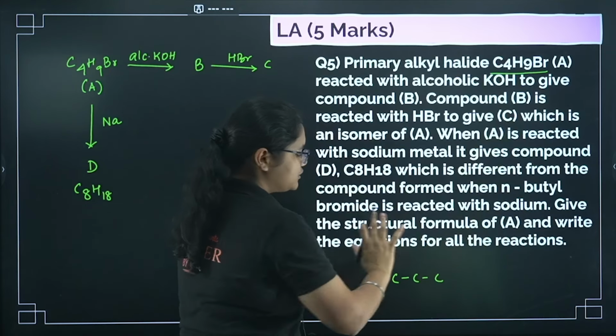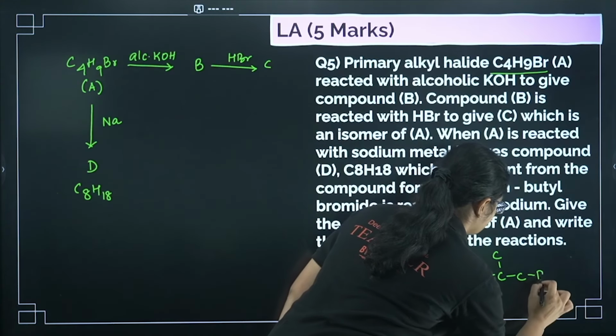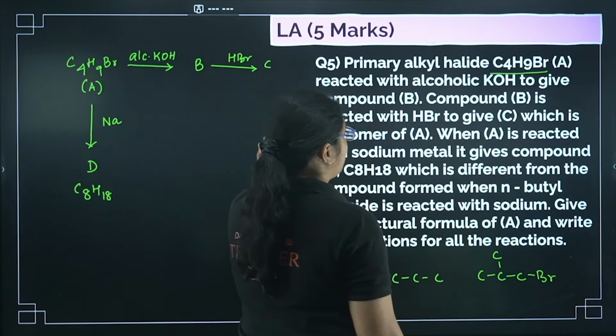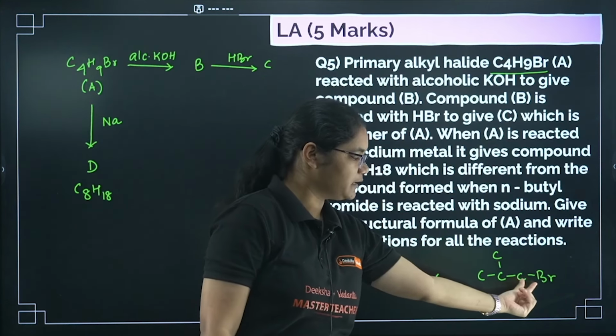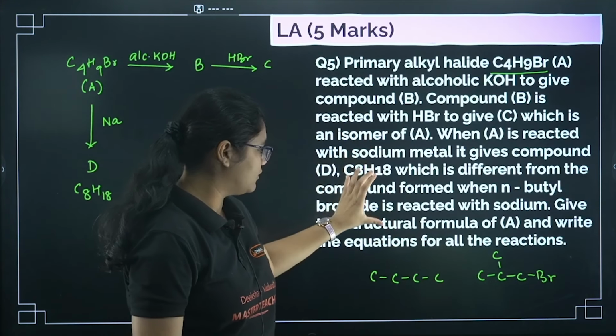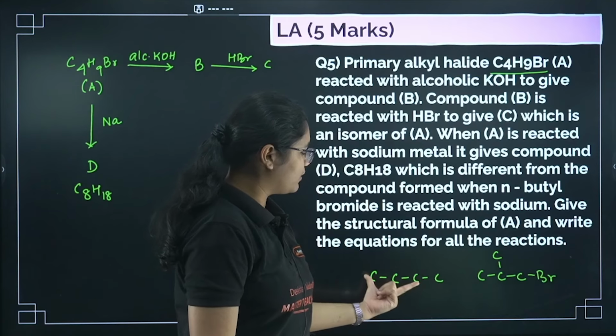You can have one chain of all the 4 carbons, and you can have one structure like this. The question says primary alkyl halide, so you cannot add bromine here. It has to be a primary group, so this is the other structure possible.